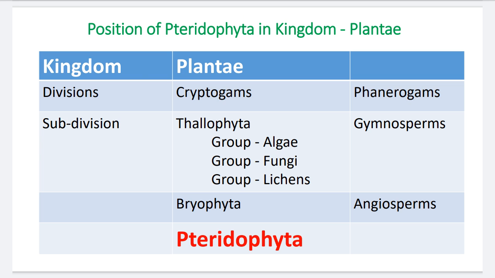So, the position of Pteridophyta in kingdom Plantae is that they belong to division cryptogams, and then to subdivision Pteridophyta. All pteridophytes, either fossil or living, are included in the same group, that is the group Pteridophyta.